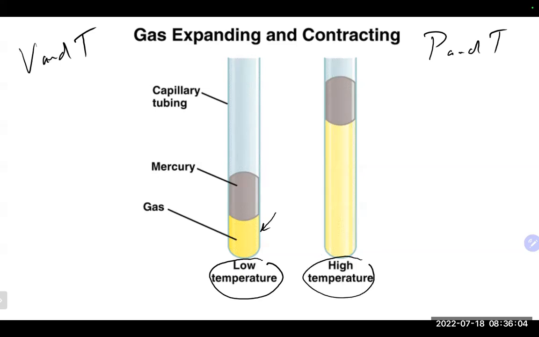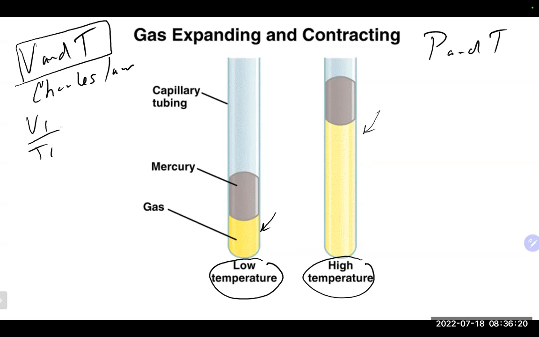At the higher temperature, we end up with a larger volume of gas. This is what is referred to as Charles' law, and it is V1 over T1 is equal to V2 over T2, at constant pressure.